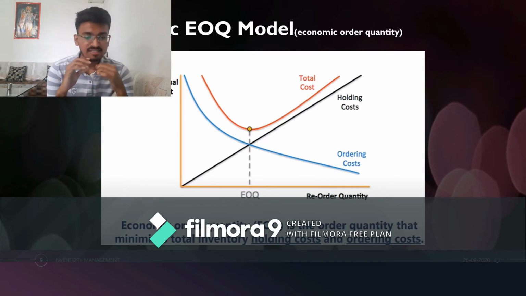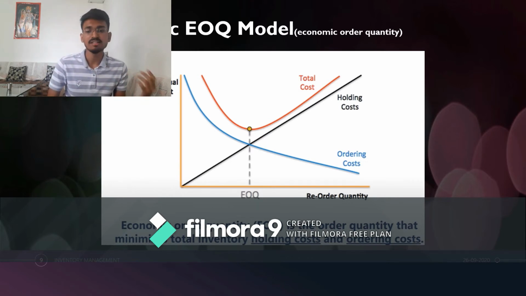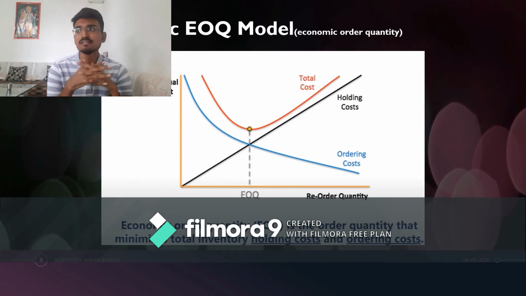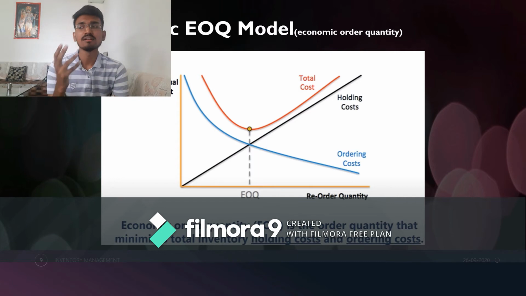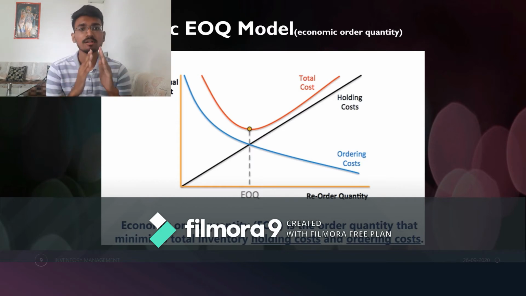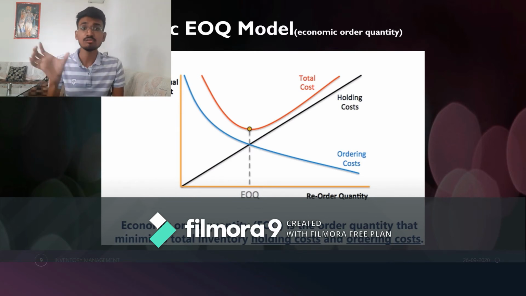The second is ordering cost, which decreases as the order quantity increases. For example, I want to order 100 pieces of rods. To transport that, the transporter asks me for 1,000 rupees for that single transportation order. So my per rod ordering cost is 1,000 divided by 100.